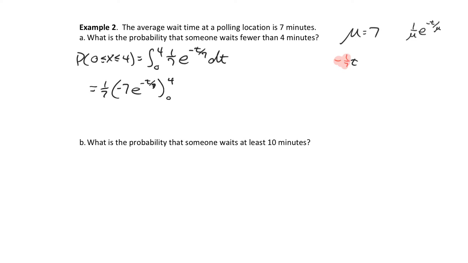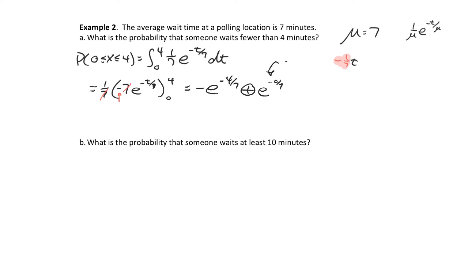Again, be extraordinarily careful. When t is equal to 0, we do not get 0 this time. So the 7 and the 1/7 will reduce. We still have the negative there. So we'll end up with negative e to the negative 4/7 minus negative, so plus e to the negative 0 over 7.